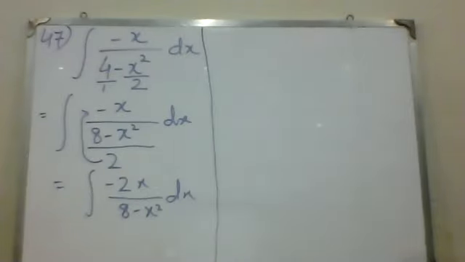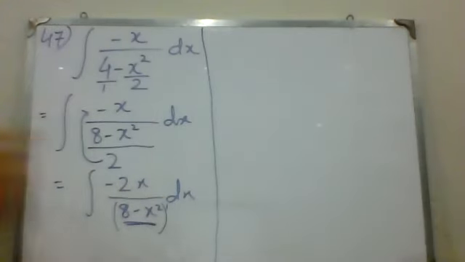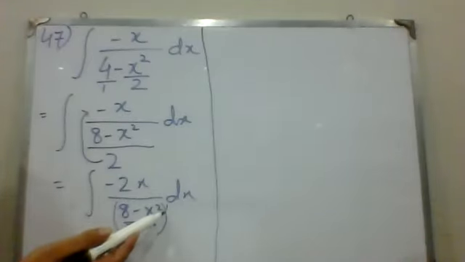Sir, the constant minus 2. No, what is the derivative of that? Yes, sir, minus 2x. And the whole term, its whole power is what? 1. So the derivative of that function is present in the numerator, but its whole power is 1 in the denominator.